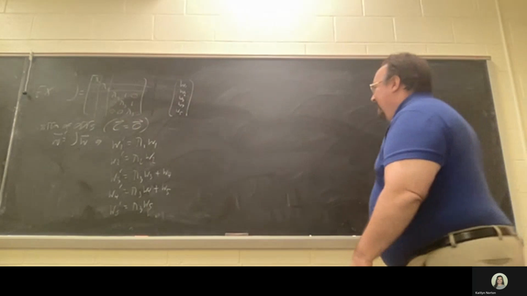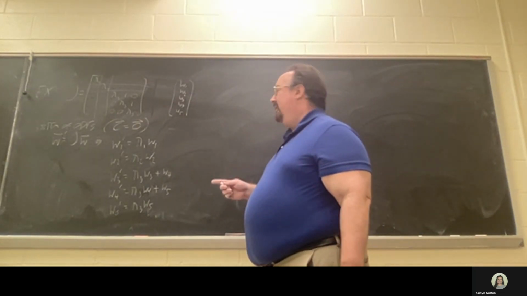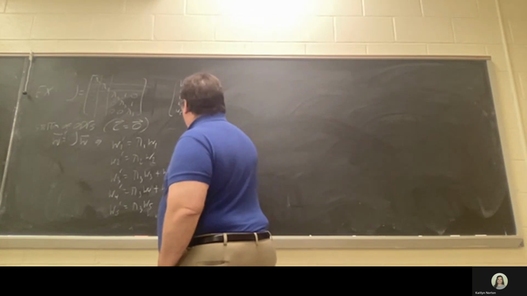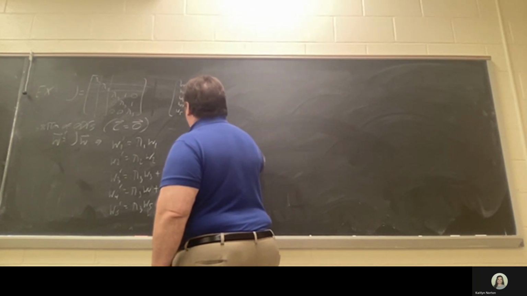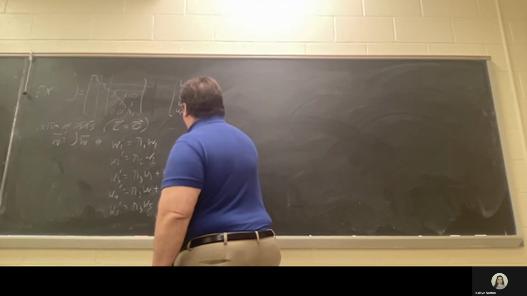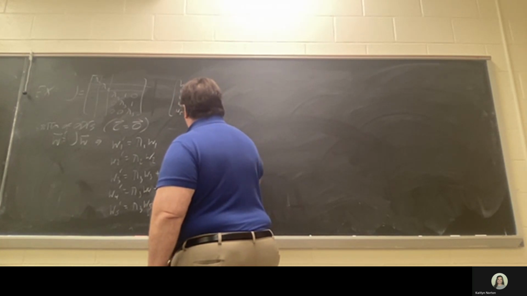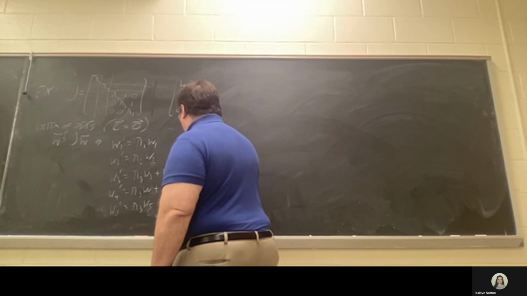All right. So now 3 of these equations we can go ahead and solve immediately, like we did last time. W1 of t is e to the lambda 1 t W1 of 0, and the same for W2, and then W5.